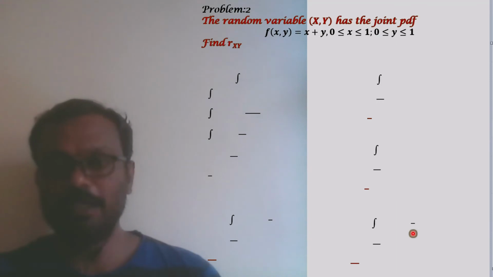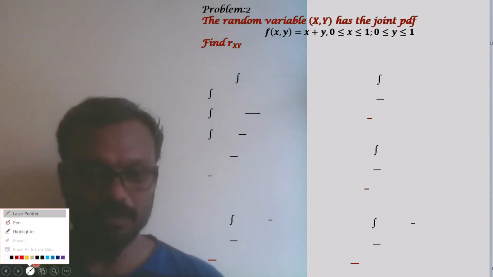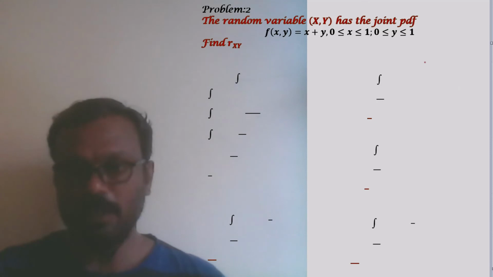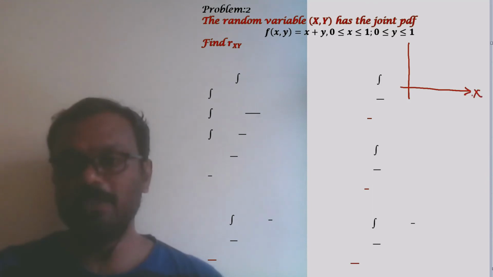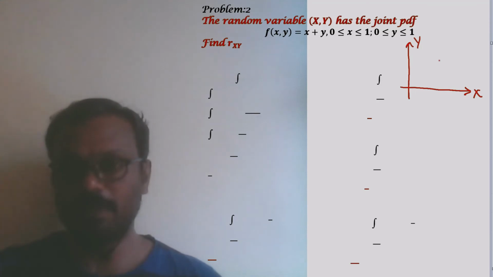Now we shall discuss one more problem given the joint density function of the random variable. So we are given that the joint density is f of x comma y is x plus y, and the region is 0 to 1, 0 to 1. So here if we plot the region, because it will be very useful while computing the marginal densities. We need the marginal densities to get expectation of x and expectation of x squared, and expectation of y and expectation of y squared.